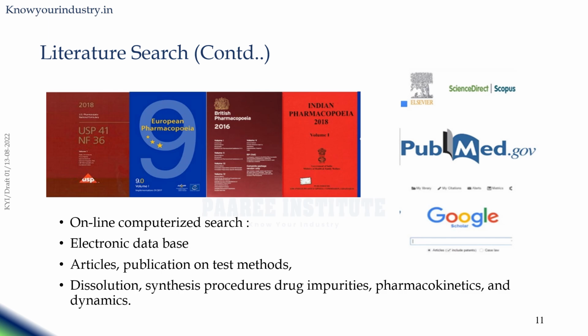Remember, you should get as much literature information as possible regarding your drug product, which can give you information about dissolution, synthesis process, drug impurities, pharmacokinetics and pharmacodynamics, all the stuff.